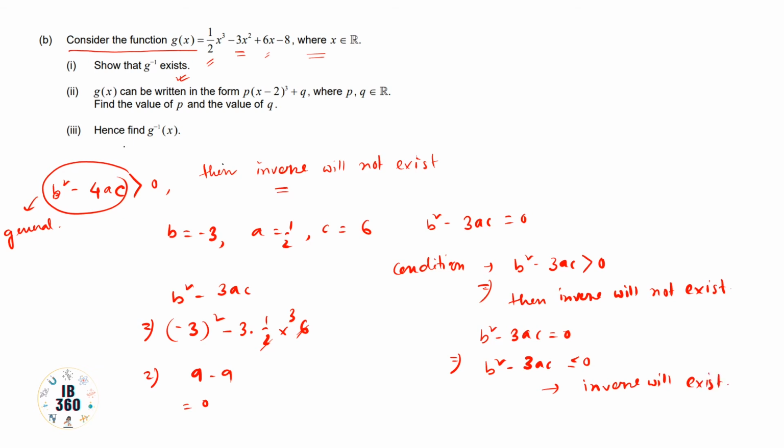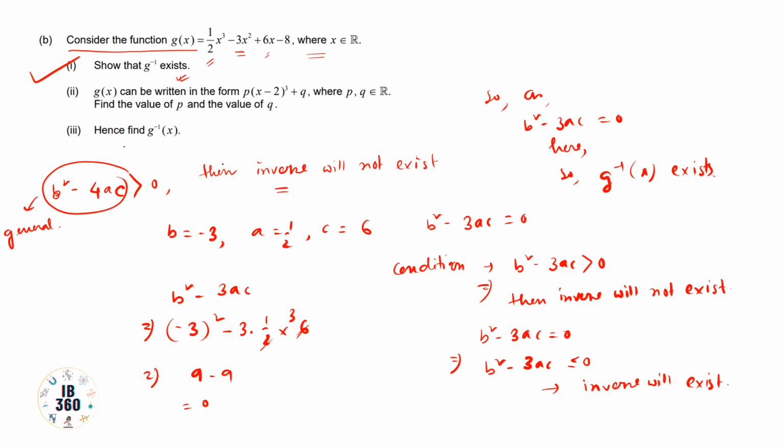So as b square minus 3ac is equal to 0 here, g inverse of x exists. This is the first problem that we have just solved.